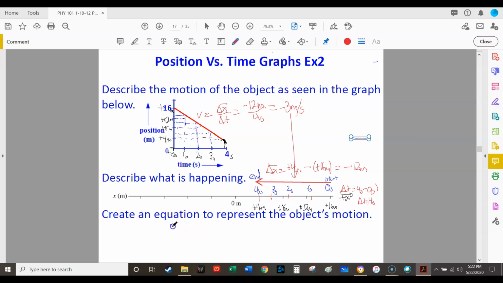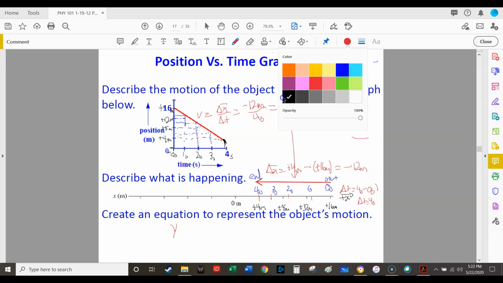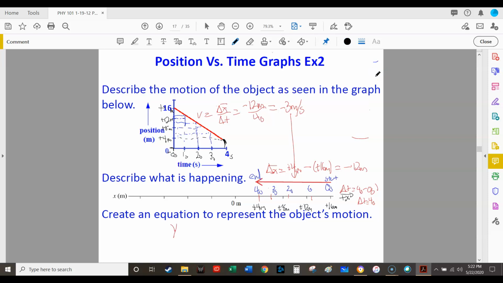Let's take that equation, and I'm going to do this. So we're going to take that y equals mx plus b equation, and we're going to convert that to our position versus time.